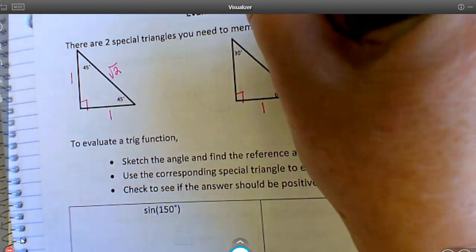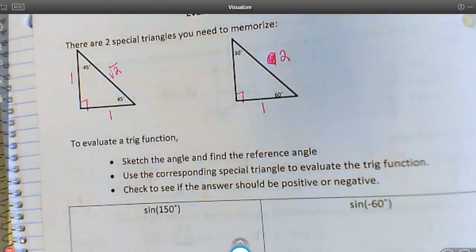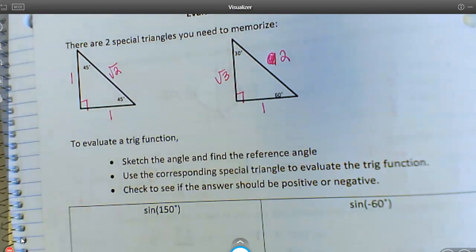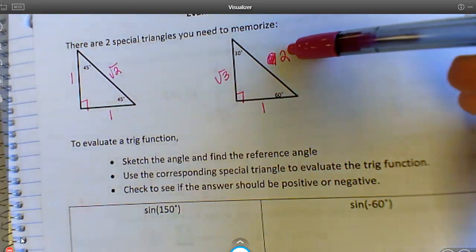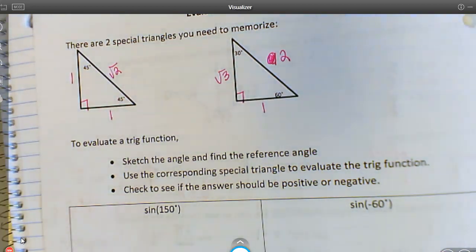So across from 90 is going to be 2. If you do Pythagorean theorem, then you can figure out that across from the 60 comes out to be square root of 3. Square root of 3 is like 1.7 something, and so it goes from 1 to 1.7 to 2. That's how the numbers fall based on the angles.